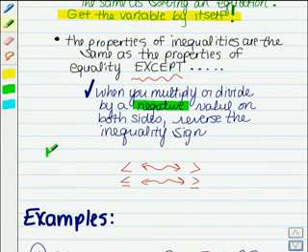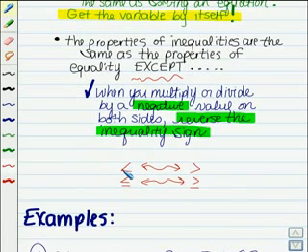So if you divide both sides by -4, or you multiply both sides by -1/3, what you have to do is reverse that inequality sign, which means if you had less than, you flip it over to greater than. If you had less than or equal to, you flip it over to greater than or equal to, and vice versa there. And that's when you multiply or divide by a negative value.